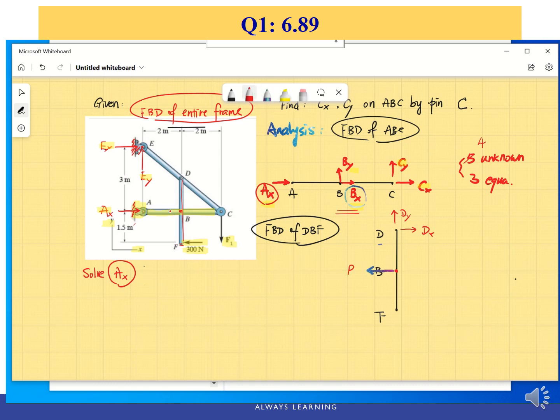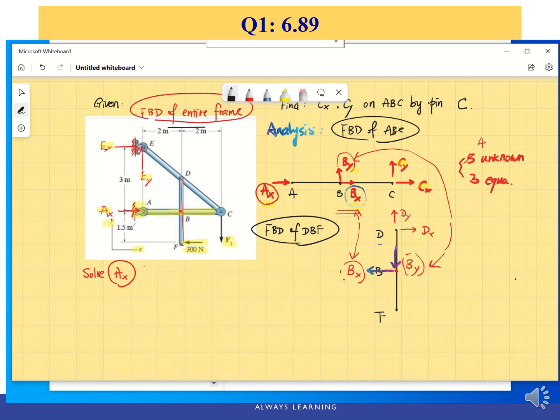So this is the B of X applied on member DBF by this pin B. This is a pair of action and reaction. Same idea, the B of Y applied on DBF is the reaction of the B of Y applied on ABC. So that's at pin B, at point B.